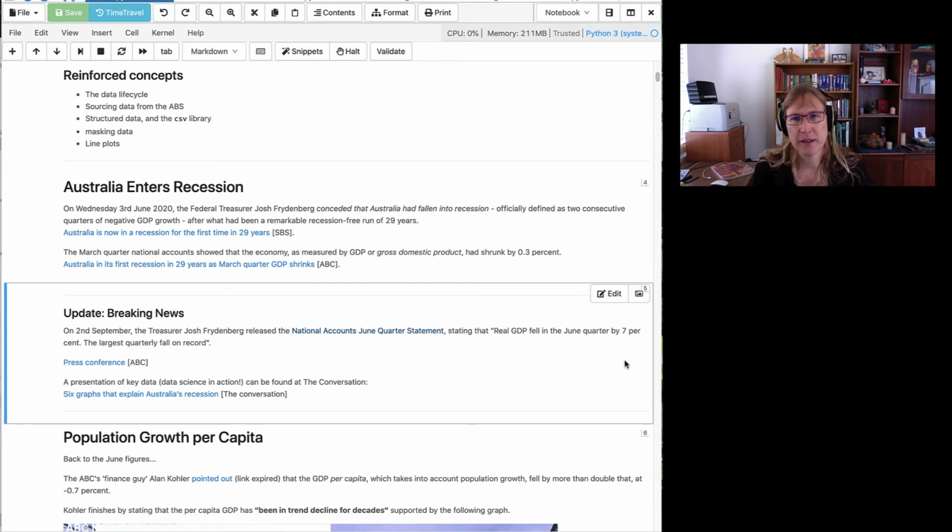You would have seen on that graph where Frydenberg was comparing Australia with other countries. He was talking about a 0.3% drop compared with larger figures going down to as much as 10%. As I said, it could be some timing related things, but the September quarter has actually dropped by 7%.